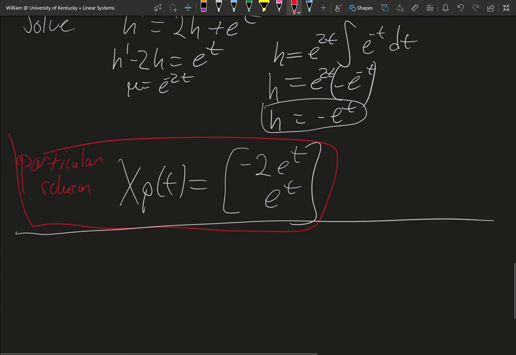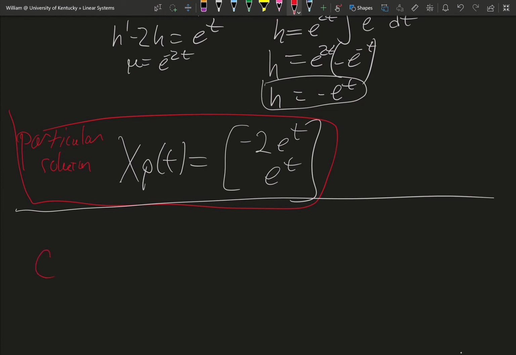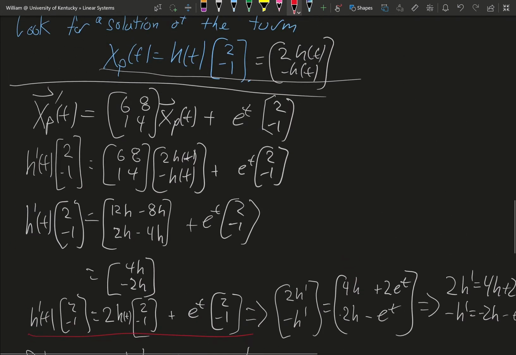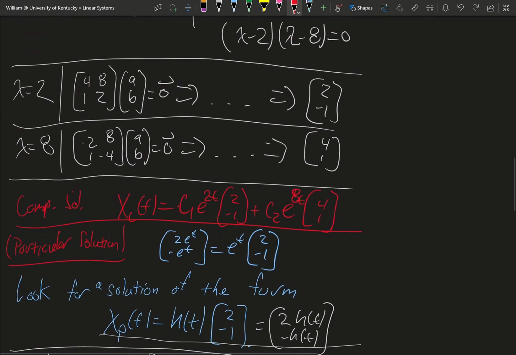All right, so the only thing left to do is write our general solution x of t equals our particular solution, and if I want to make it a little easier to read, I can pull out an e to the t there, plus our complementary solution, which let's remind ourselves what that is.